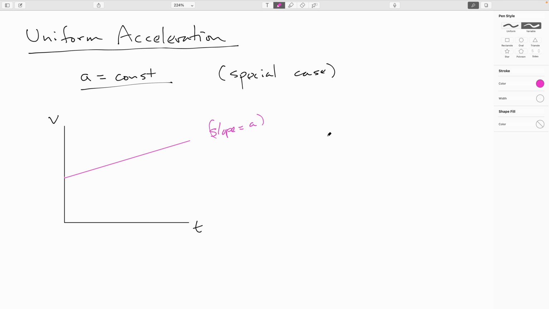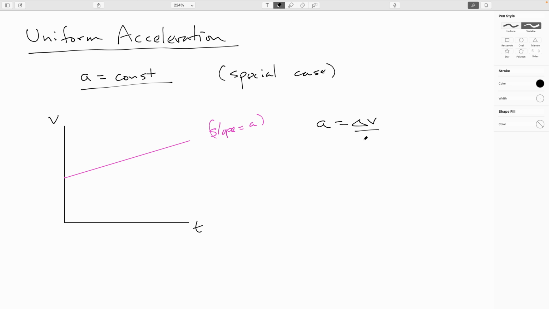We'll just observe that. And so this can give us the first of four special equations that come out of the assumption of constant acceleration, which I like to call the gang of four.